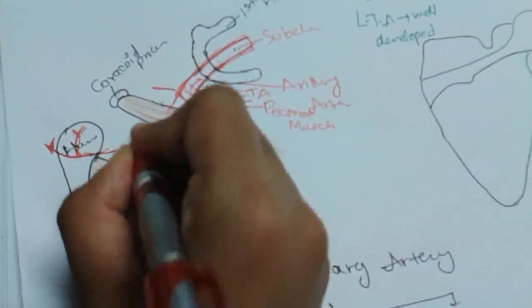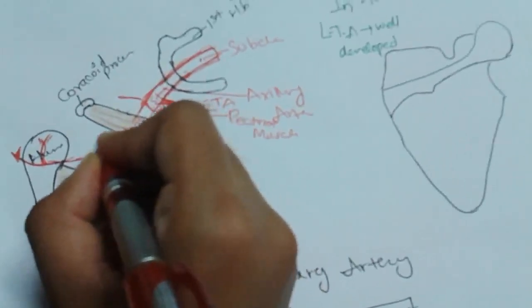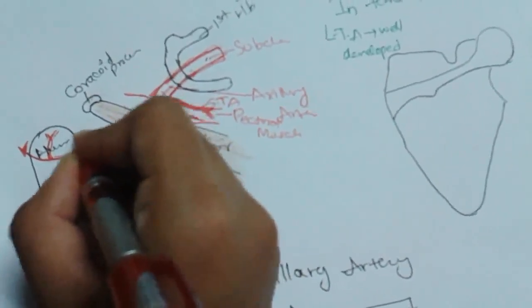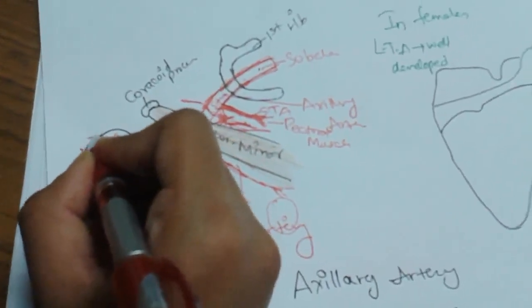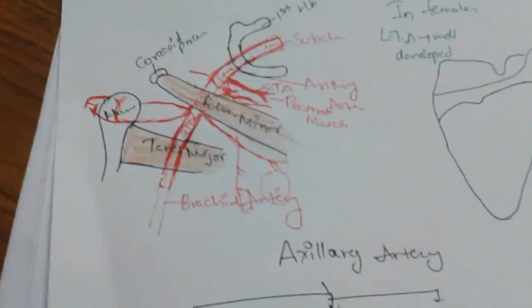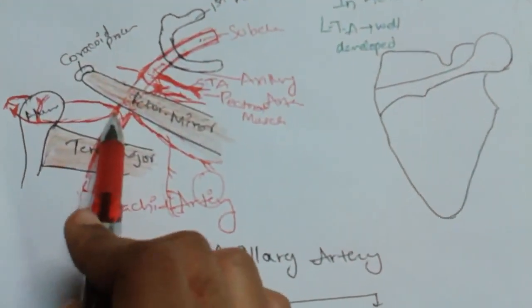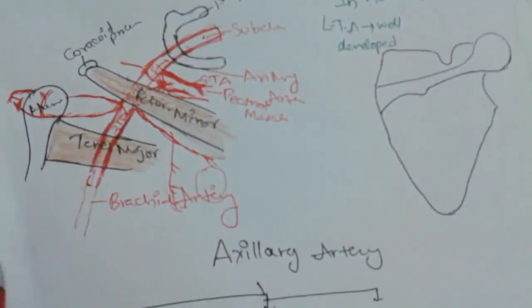It emerges at the same point but a little backward, and then it passes behind the surgical neck of humerus and anastomoses with the anterior circumflex humeral artery. The main thing about this artery is that it passes through the quadrangular space.